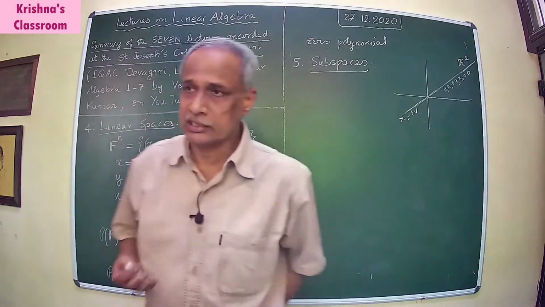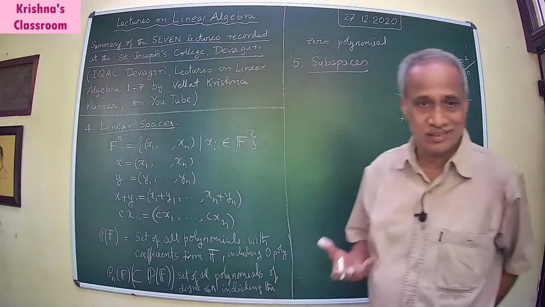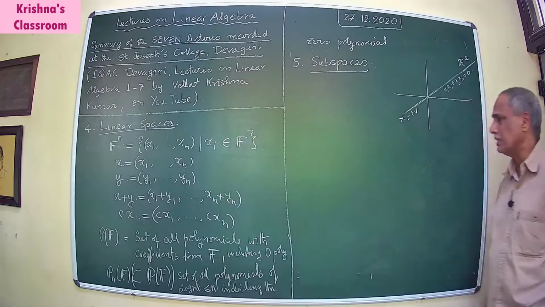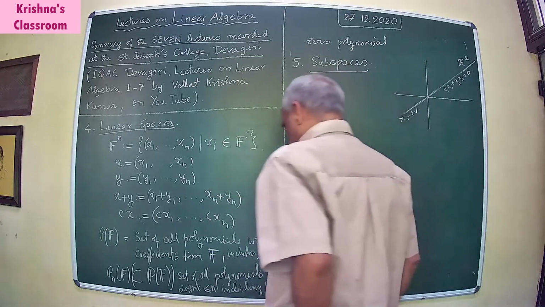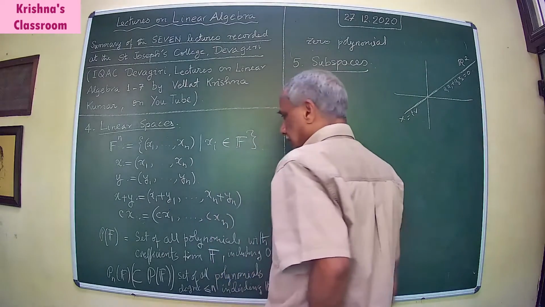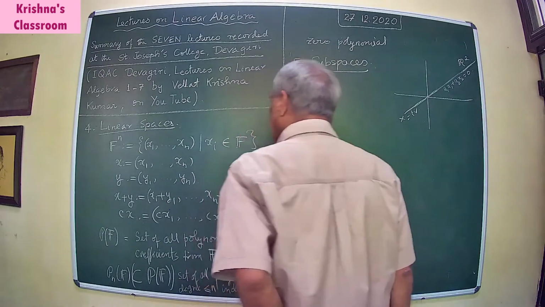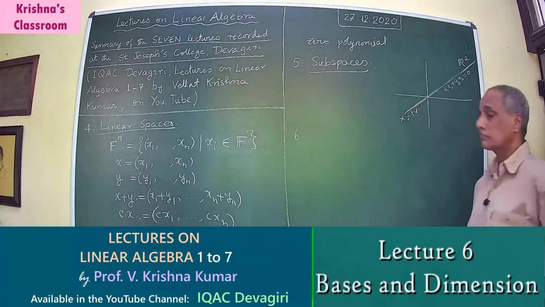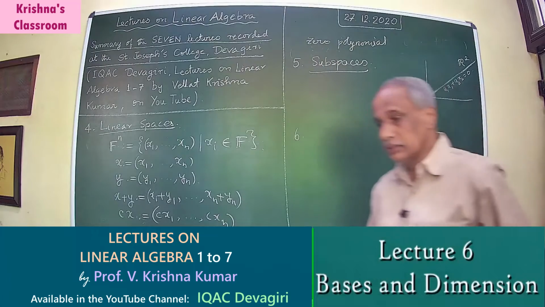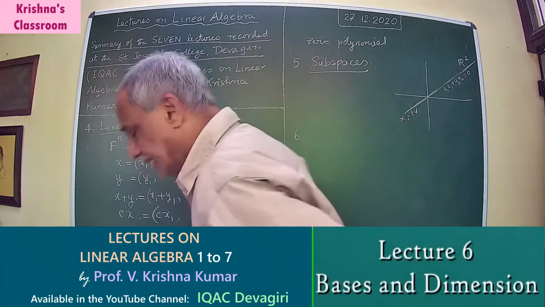That is called the span of the given set of vectors. These are some of the ideas that are discussed there. Some small results are proved there. Then the sixth lecture deals with basis and dimension.